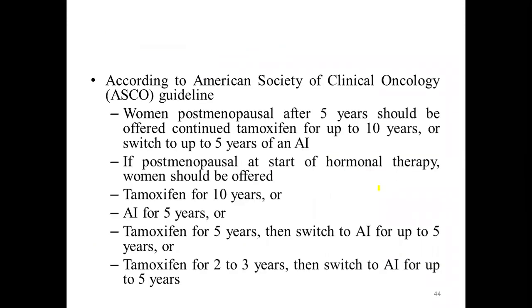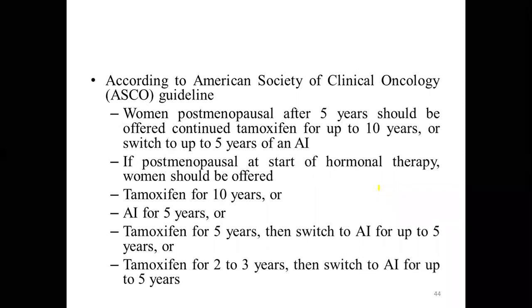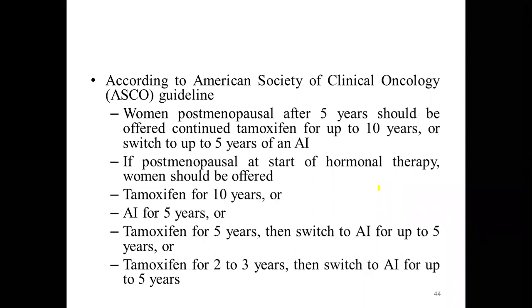Now there's another thing which was taken from the American Society of Clinical Oncology. Why I'm referring to guidelines from other countries, especially from the US, is because you can see the information is really very inadequate, especially in terms of cancer treatment.